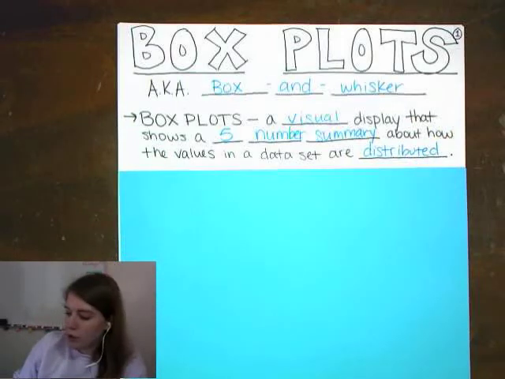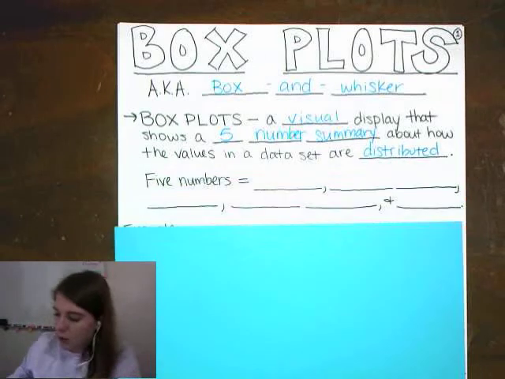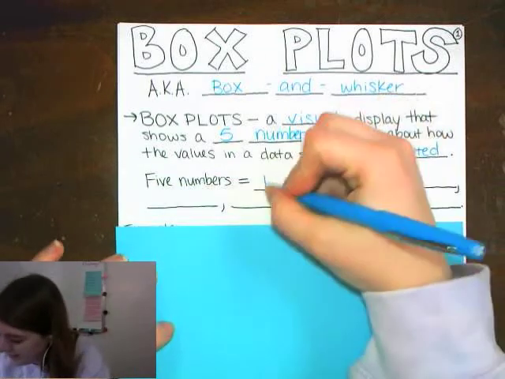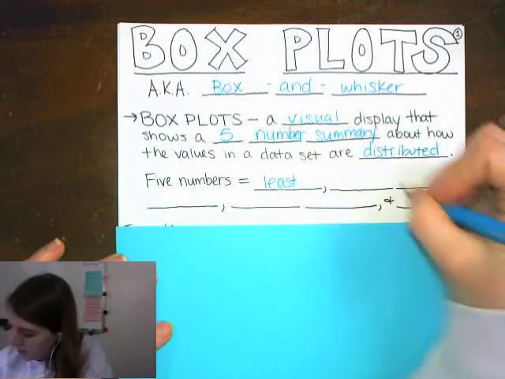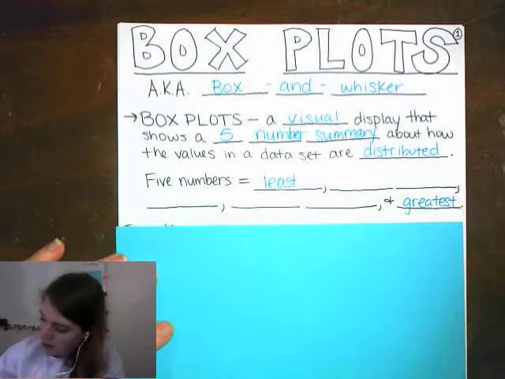So we're going to be looking at just those 5 numbers that we talked about in our last video. The least and the greatest. We're going to have the median.